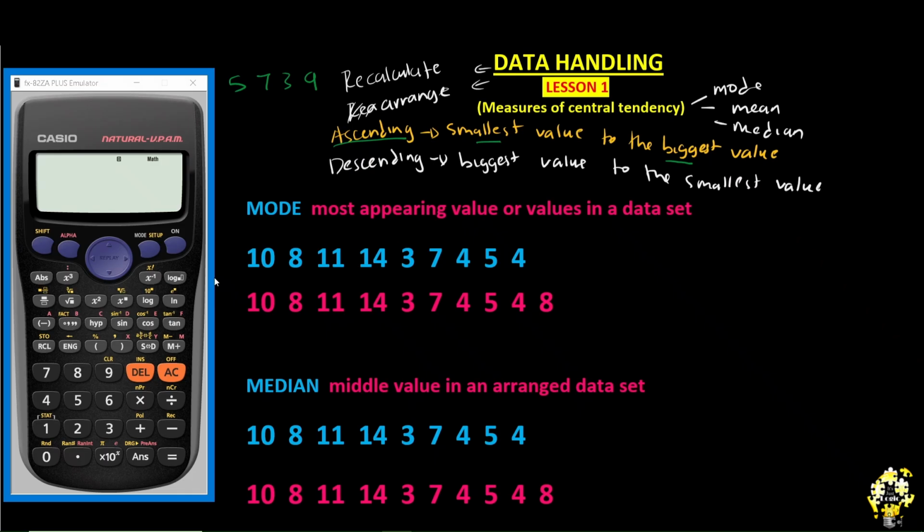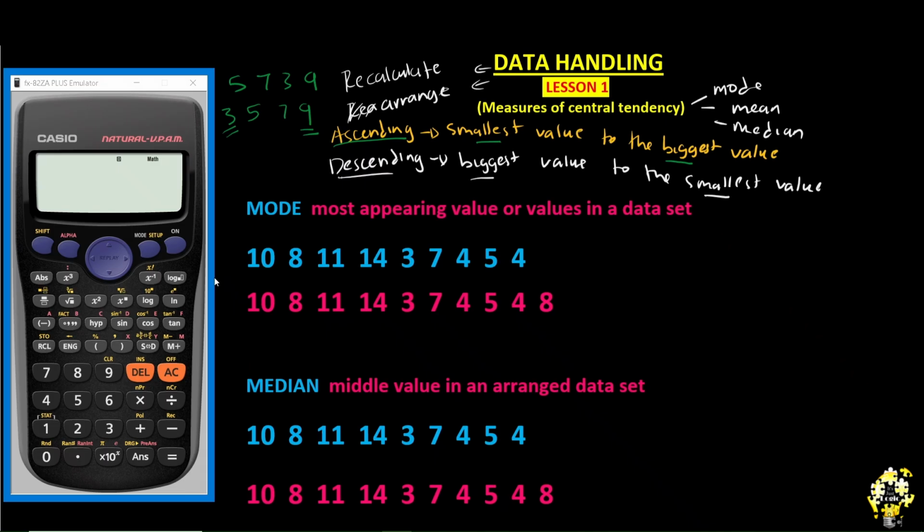So you are going to write 3 first. What's the second one? It's number 5. What's the third one? It's number 7. Last one, number 9. You see, I started from the smallest value and ended with the biggest value. But what if they said you have to arrange your data in descending order? Descending, we said you start with the biggest value and end with the smallest value.